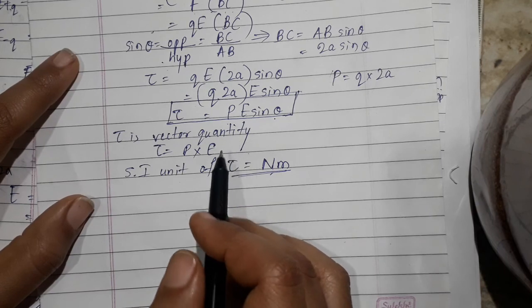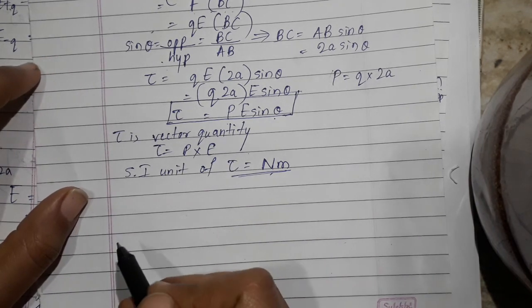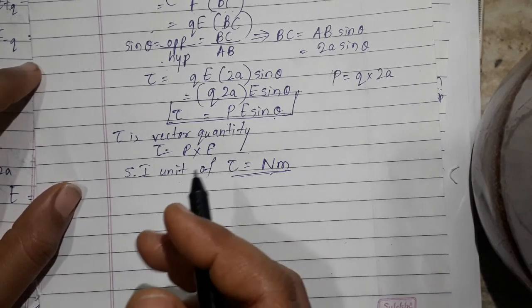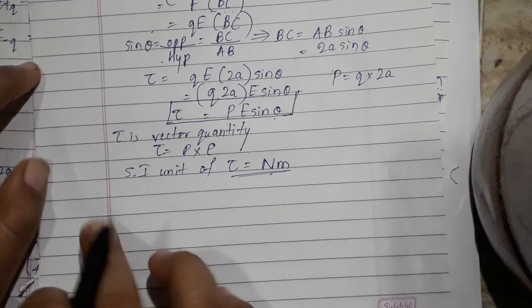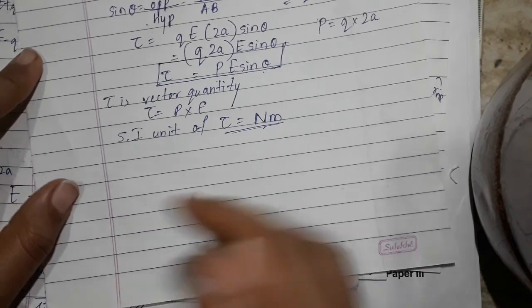Now we have to see some cases where an electric dipole is kept in an electric field and the net force is zero. Let us see some examples.